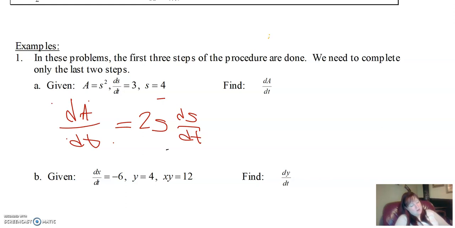If I can get my technology to work for me. All right, so we don't know dA dt, but we do know that s at this point equals 4, so we can go 2 times 4. Oh man, that did not show up at all. Okay, let's try that again.